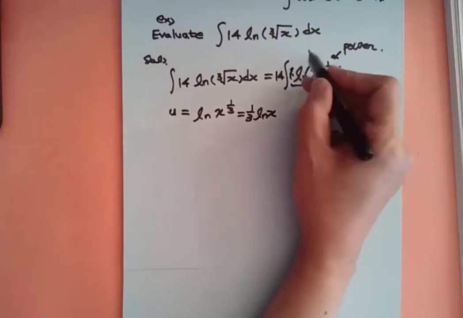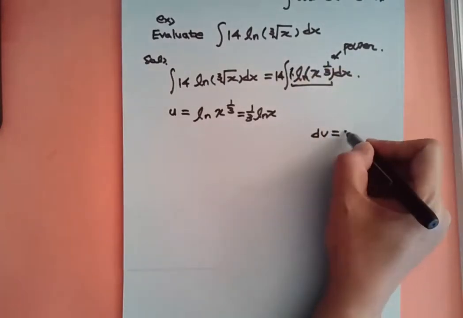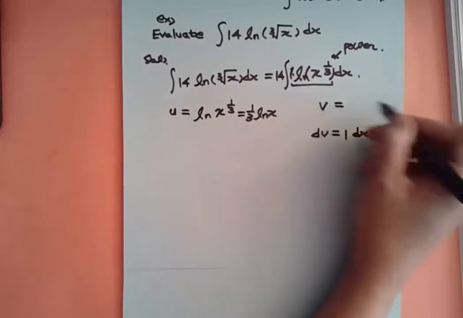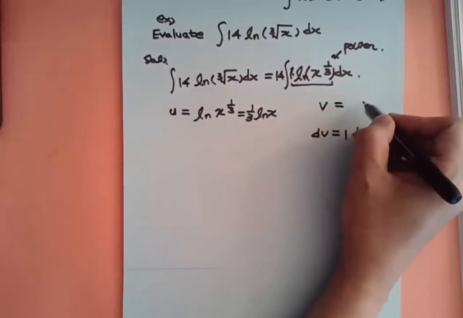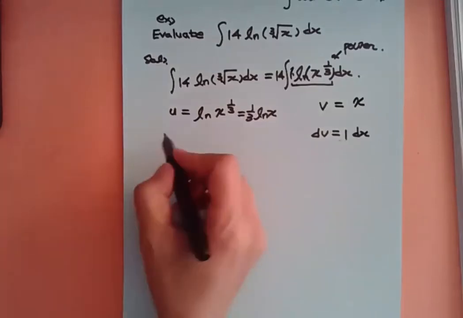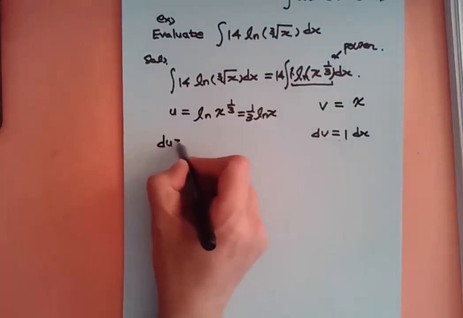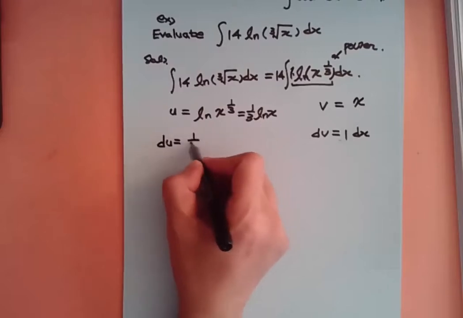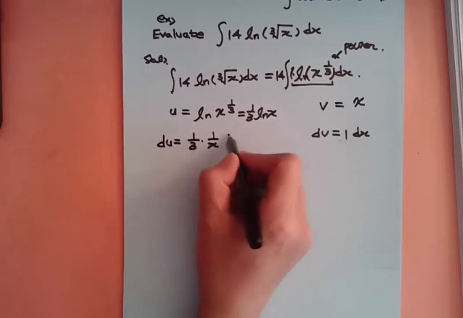So 1 can be integrated. So 1 dx, and then v equals just x, right? And then du equals 1/3 times 1 over x dx.